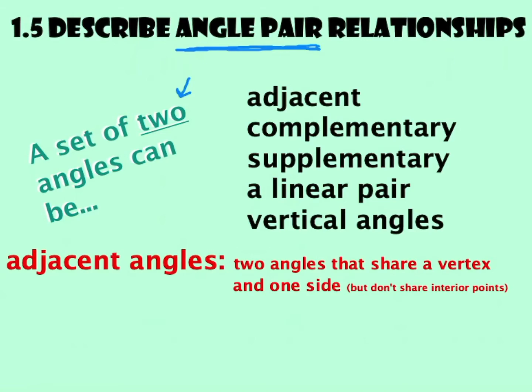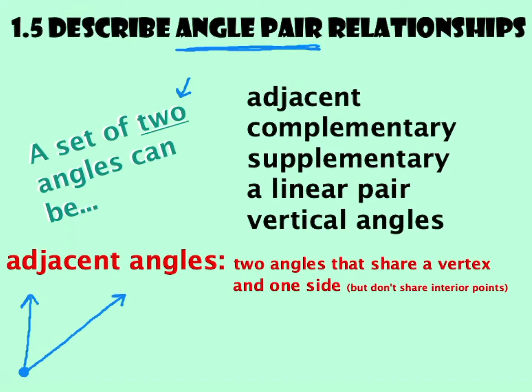Let's start with adjacent angles. Adjacent is a fancy word for next to. The technical definition says it's two angles that share a vertex and one side, but they don't share any interior points, or they don't overlap. Let me show you an example. Here I've got an angle. Here's the vertex. I'm going to draw another angle that's going to share one of those sides. So I'm going to have this ray be the shared side.